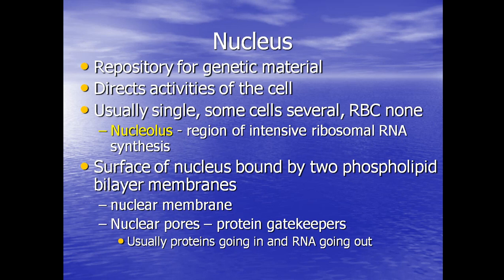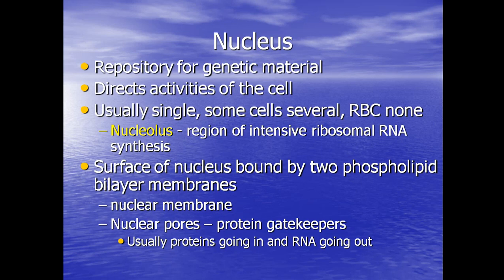Then the question is how the nucleus gets separated from the cytoplasm. The nucleus becomes a very distinct entity within the cytoplasm because the nucleus is surrounded by a phospholipid bilayer membrane, what is known as the nuclear membrane.